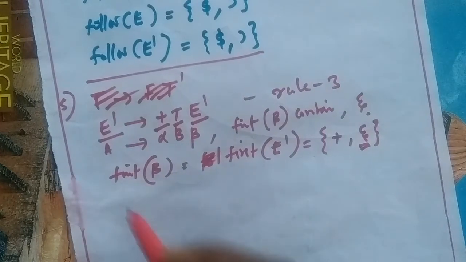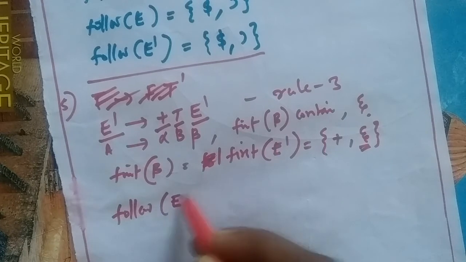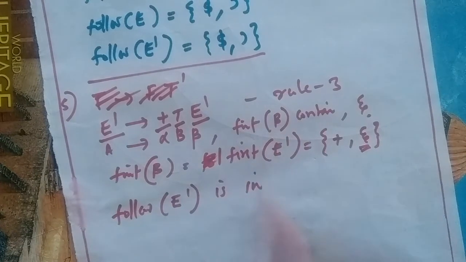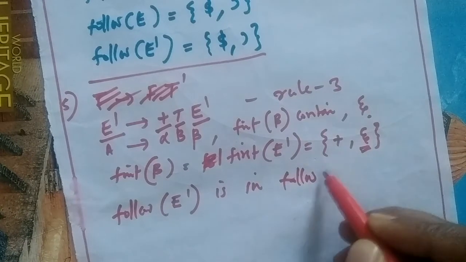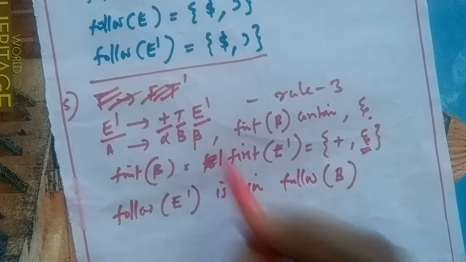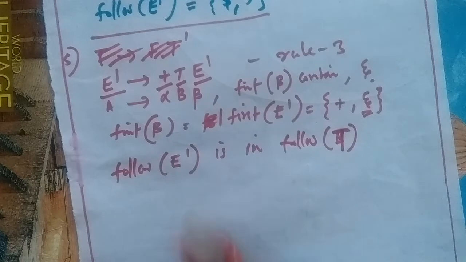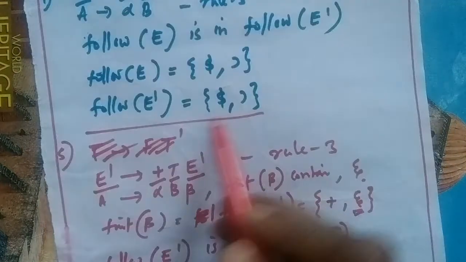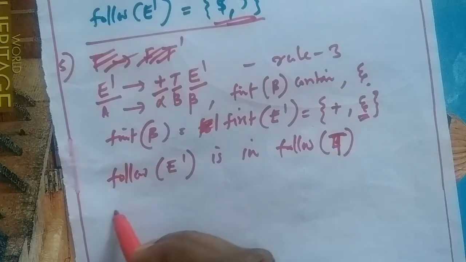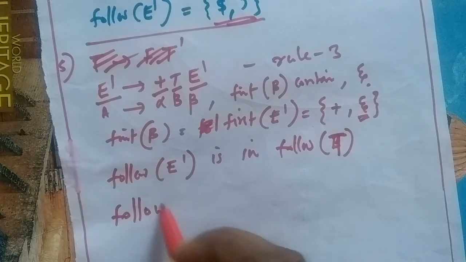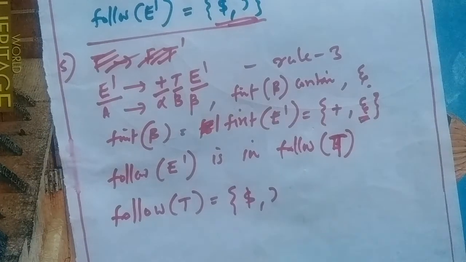So rule 3 is saying everything in follow of E dash is in follow of B. So here B is T. So what is follow of E dash? Follow of E dash we computed already. It is equal to dollar and right bracket. So follow of T contains dollar and right bracket.